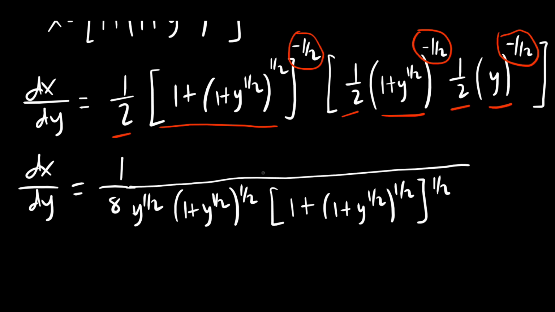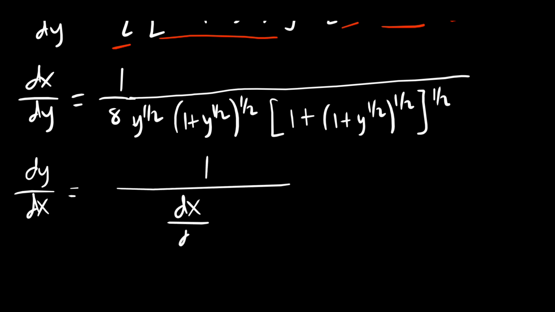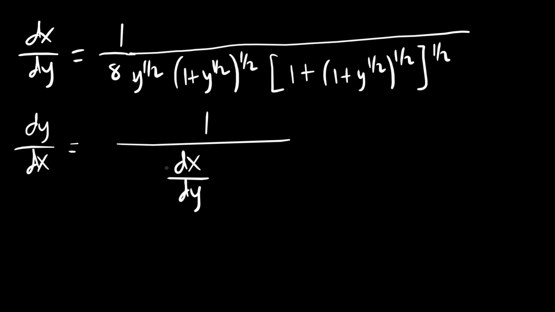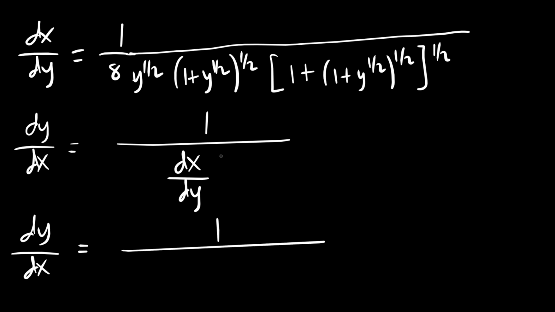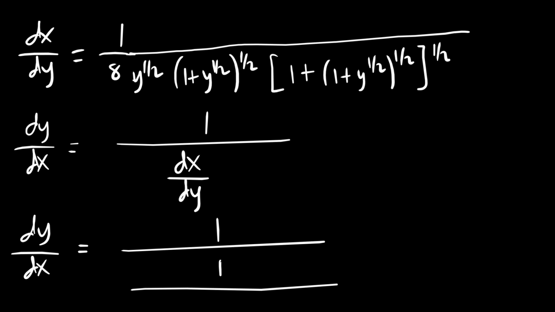So this is now the value of dx over dy. So we try to find dy over dx. So we have 1 all over dx over dy. So just copy. So dy over dx is equal to 1 all over 1 all over 8y.